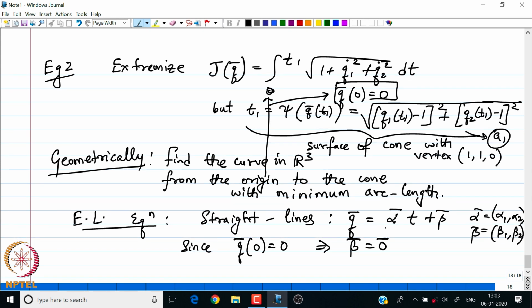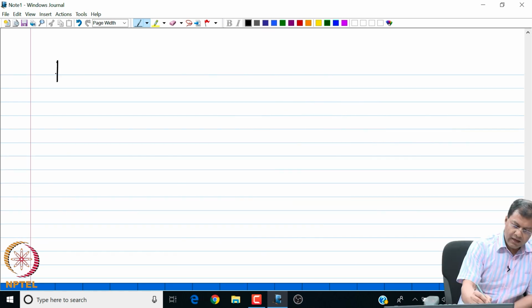Now, we have already utilized all our boundary conditions. What is remaining is the transversality condition. So, to find the transversality condition, let us find the momentum and the Hamiltonian.